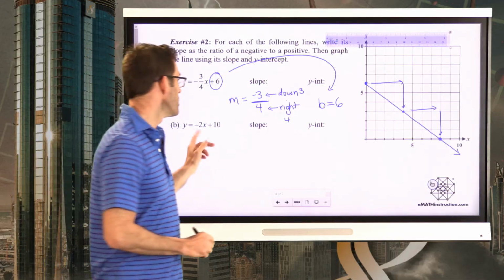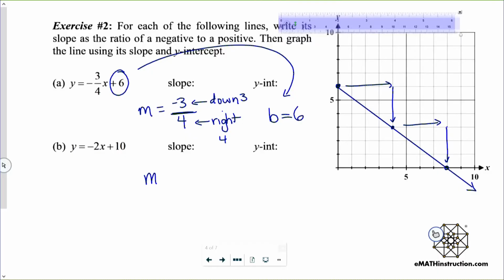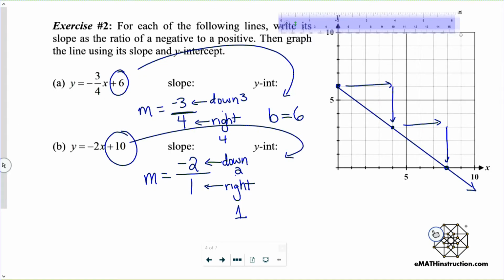All right, so again, I want to think about that slope of -2, and I can really think about it as -2 divided by +1, telling me that I'm going to go to the right 1 unit, and I'm going to go down 2 units. Where am I going to start? I'm going to start at a beginning value of 10.